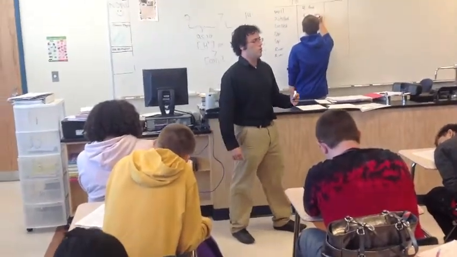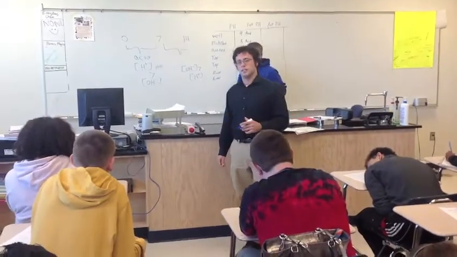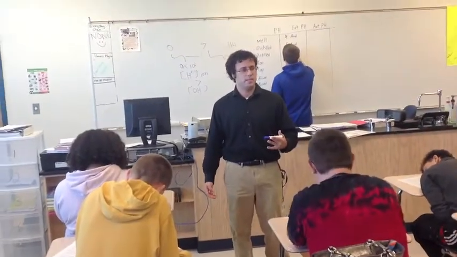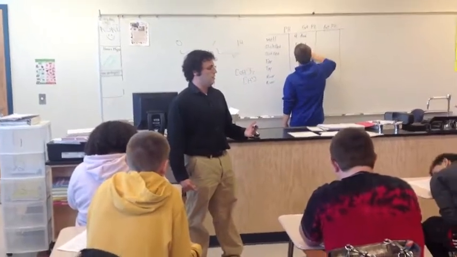Alright, who else had distilled water? There was another. Alright. Christian, what did you guys? We estimated 7. You estimated 7? Alright, so what's 7? Is that an acid or base or neutral? Alright, good. So it's neutral. Alright, now we're going to look at tap water. Who had tap water?